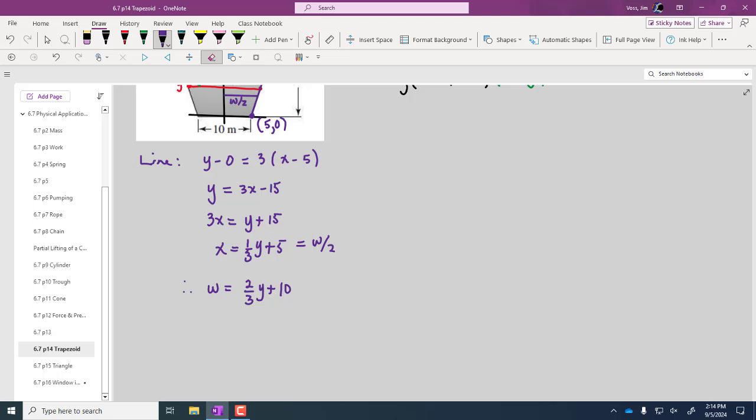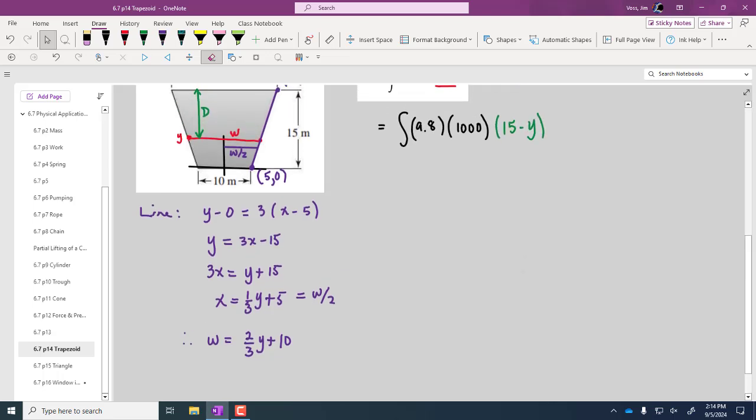Austin? Is it possible that you could also get the width by subtracting the right line minus the left line? Yep, absolutely. If you've come up with the x expression for this, the x expression for that, you can do right x minus left x and get it all in one fell swoop. It's just that you're finding one extra equation of a line. So it's a tiny bit more work.